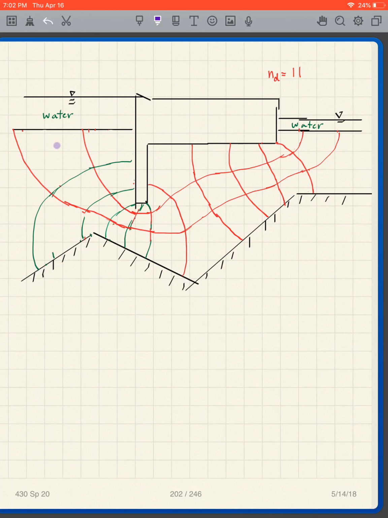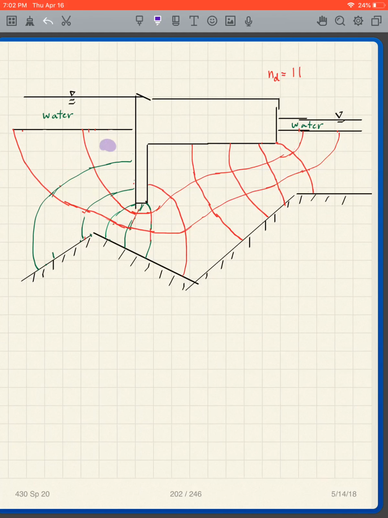I count the number of squares in a path. So I pick this path, and I count the squares. 1, 2, 3, 4, 5, 6, 7, 8, 9, 10, 11. So we call this ND, number of drops, which is the number of squares in a path, 11. Now it doesn't matter which path I take, I'm always going to end up with 11.